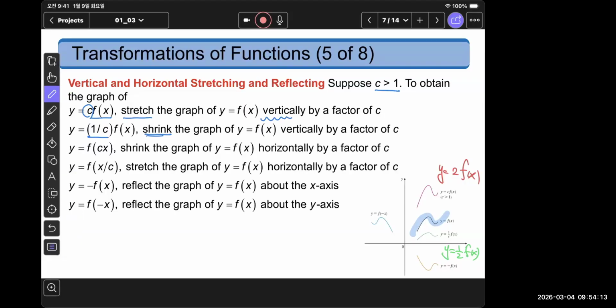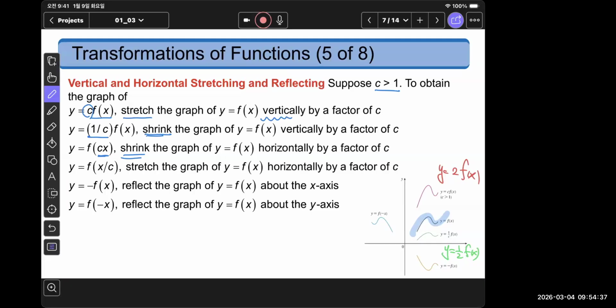Now, sometimes if instead of x you multiply c to x inside the f function, then you need to shrink the graph of f of x horizontally.